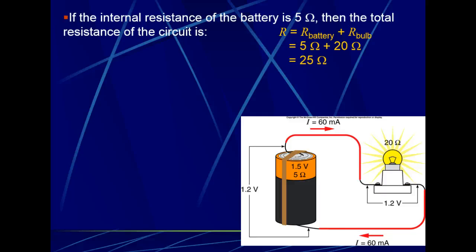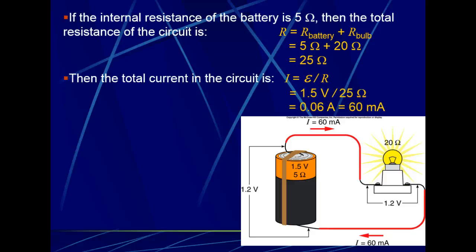So here we have two resistors. These are in series, and I will get to what that means. And what we're going to do to calculate their total resistance, since they are in series, is add those two resistances together. So we get that the total resistance of the circuit, the equivalent resistance, is 25 ohms.